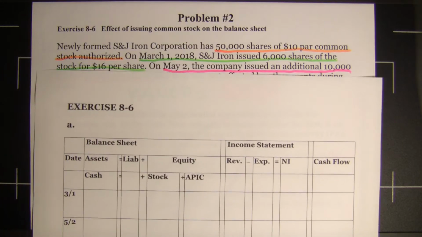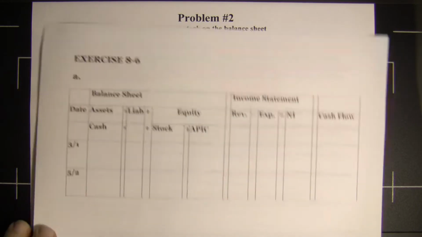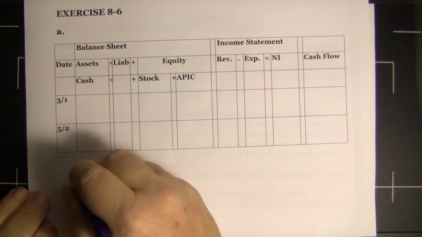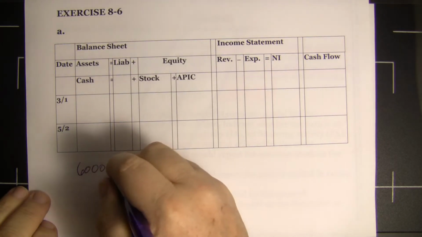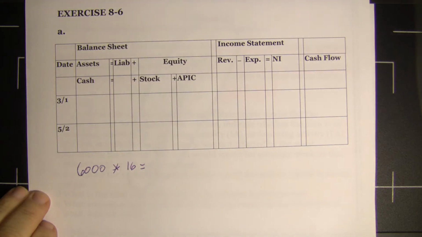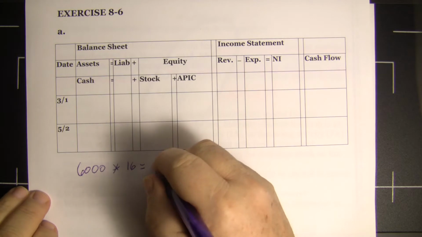So, on 3/1, they issued 6,000 shares at $16 a share. So 6,000 times 16, that's 96,000.